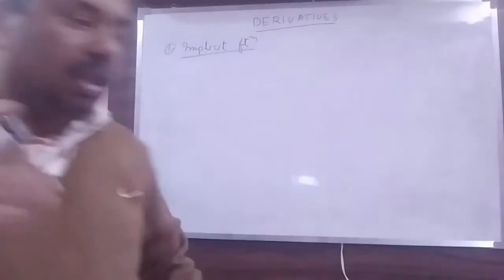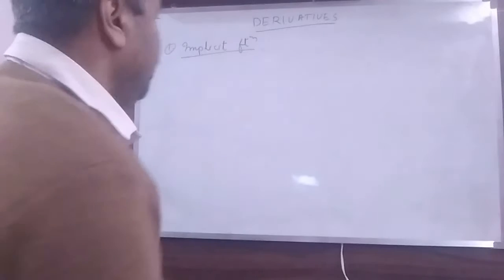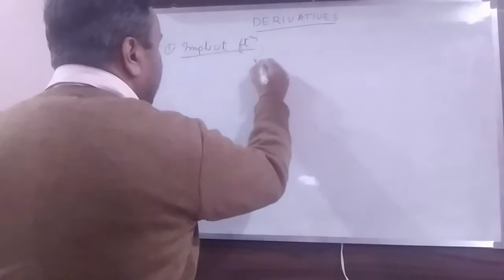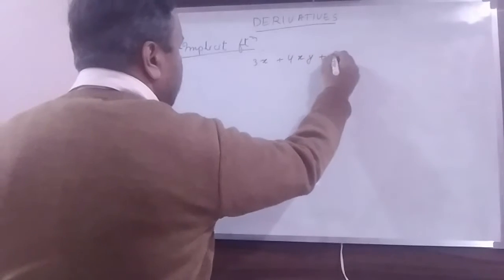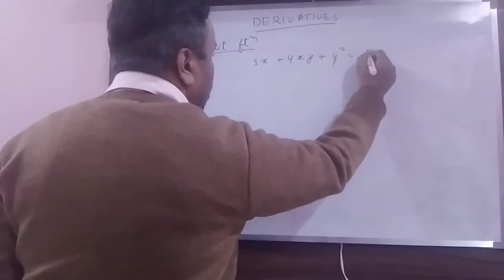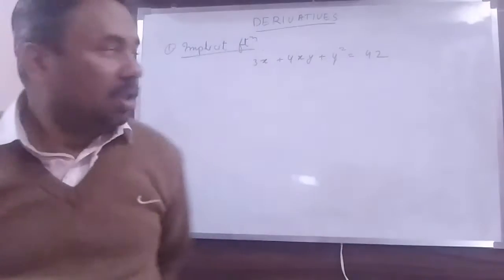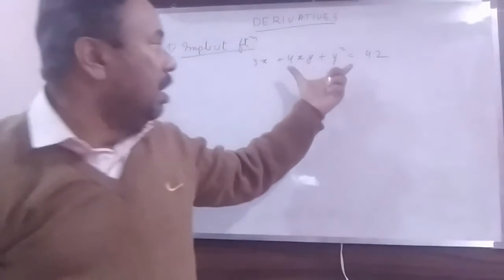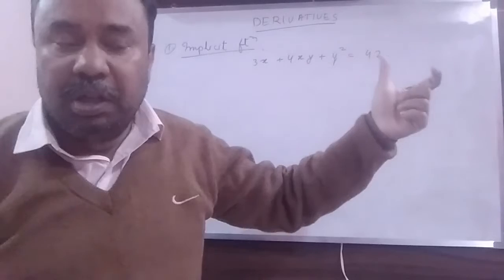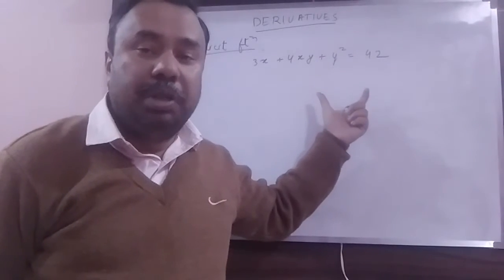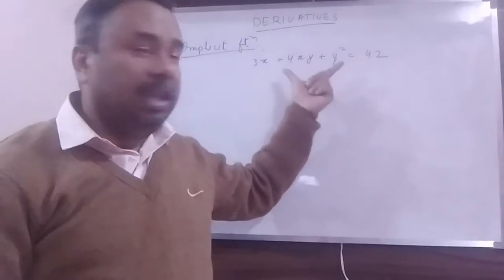So what is an implicit function? Where x and y are related, like if you take 3x plus 4xy plus y square equal to, let's take it as 42. This is an example of an implicit function where y can be expressed as a function of x, but the expression will become more tedious and cumbersome for you to differentiate.